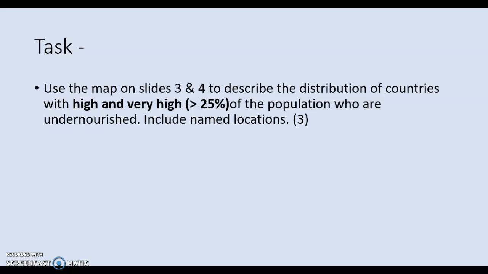Are they within certain lines of latitude and longitude? These are all the things that you should be trying to include in an answer that asks you about distribution. I would also try to go continent by continent. Obviously, Antarctica is a bit of a waste of your time and effort, but if there are fairly obvious patterns in some continents, I would try to talk about those as well.